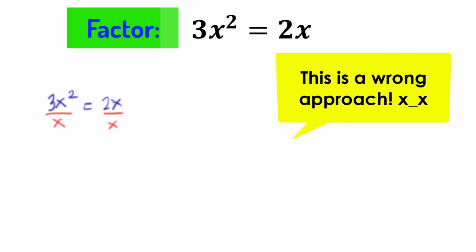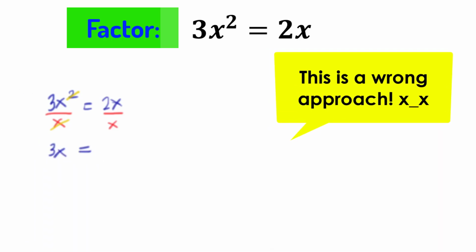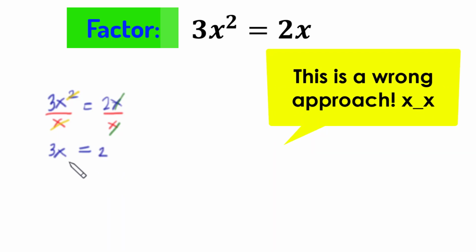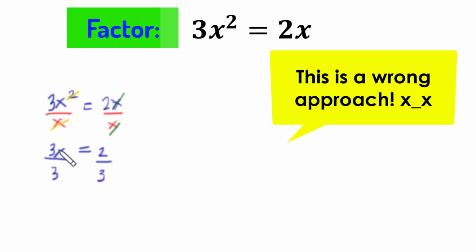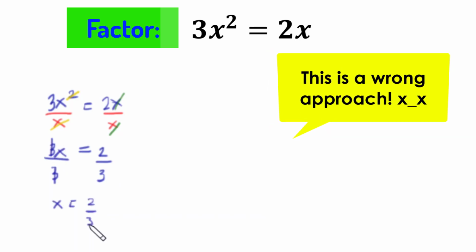Cancel x squared and x, so you have 3x equals, cancel x and x, so you have 2. Then divide both sides by 3. So cancel 3. So you have x equals 2 over 3.